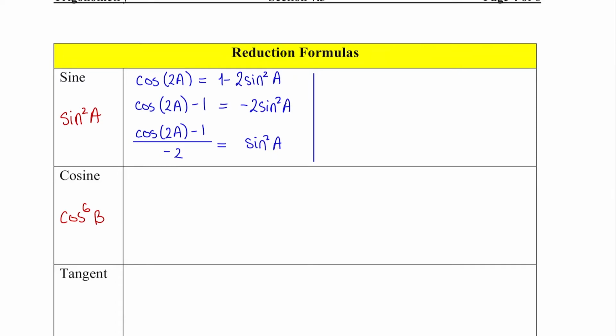So sine square a equals cosine of 2a minus 1 divided by negative 2. This trig function has the power of 2, and this trig function has the power of 1. That means I have reduced the power from 2 to 1. And that is the reduction formula for sine. If I multiply top by negative 1 and bottom by negative 1, then I have sine square of a equals negative cosine 2a plus 1 over 2.